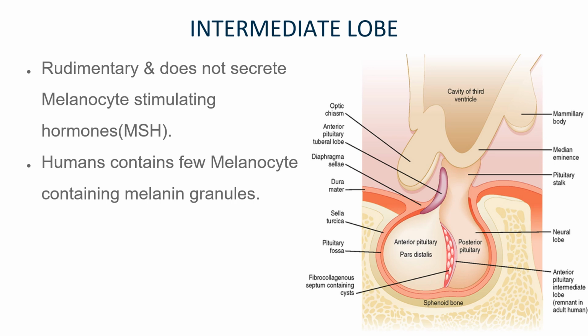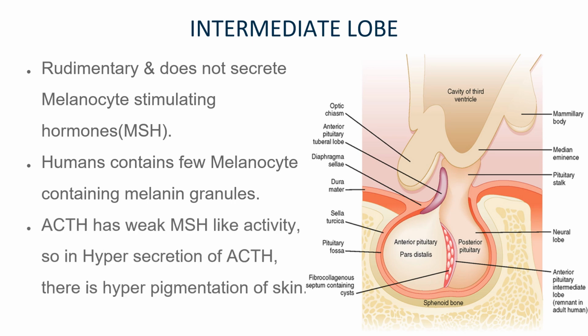In humans, it contains very few melanocytes containing melanin granules. ACTH has a very weak melanocyte stimulating hormone like activity. So in case of hypersecretion of ACTH, there is hyperpigmentation of the skin.